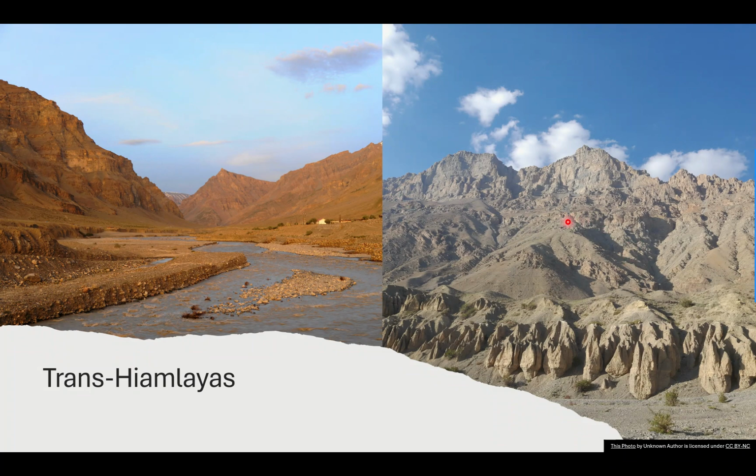And these ranges are often referred to as cold deserts, because they're pretty cold, there is hardly any vegetation, and the temperatures vary greatly from day to night.